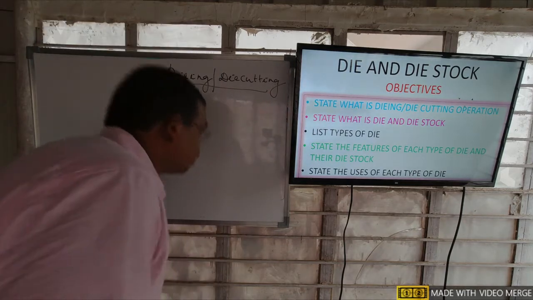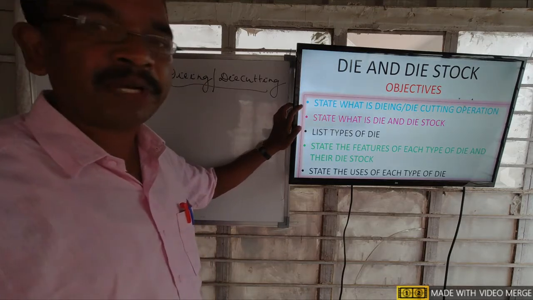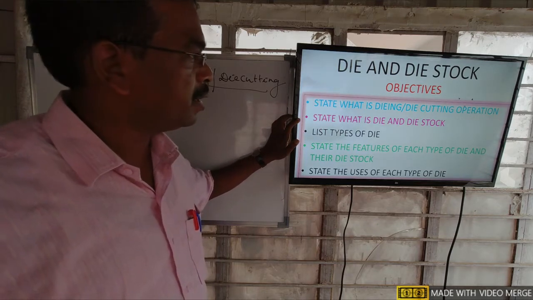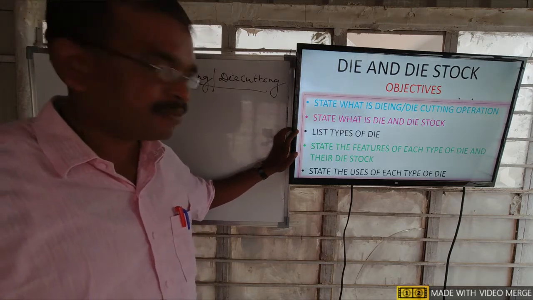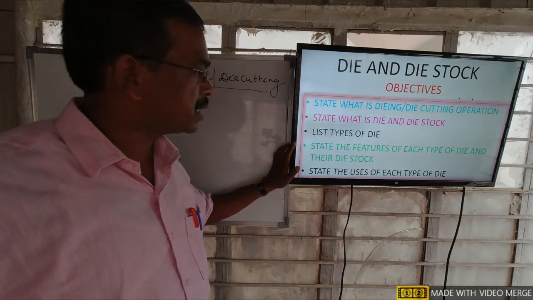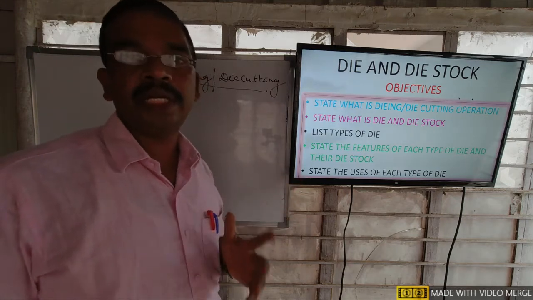First of all, we should know the definition of this dyeing or die cutting operation, and then what is die and die stock and the types of die stock, and also the features of this die and die stock and the uses of each die.